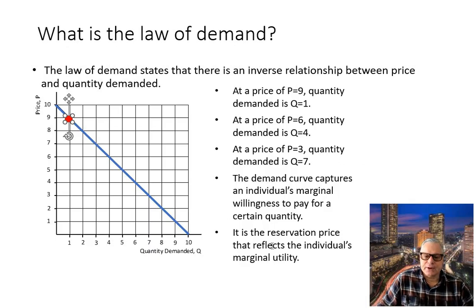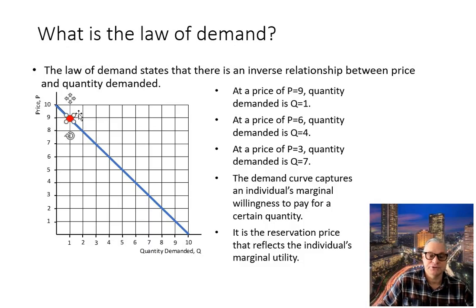Another expression for the marginal utility at any given point of consumption that ultimately defines your willingness to pay is your reservation price. Your willingness to pay is your reservation price. So let's say this individual would consume the first unit and would have a maximum willingness to pay of 9.